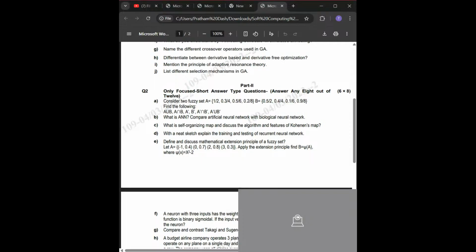And how is it different from a biological one? Yes, they have certain math functions that are being used, but we have that natural computational ability. The artificial neural network, definitely look this up.